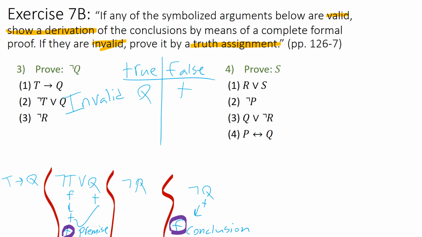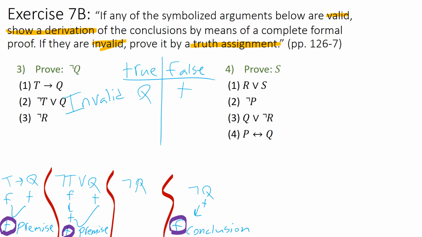Let's look at the first premise. We have if T then Q. T is false, but Q is true. And that conditional, therefore, is true. So we have a true premise. And again, that's exactly what we want.